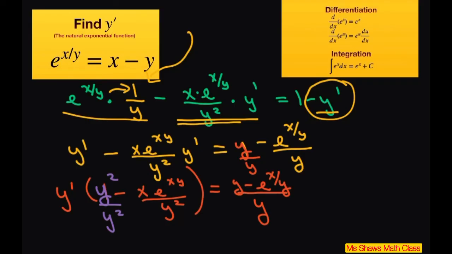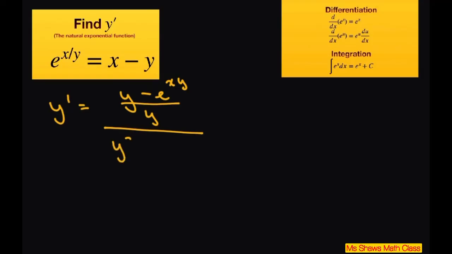Now we're just going to solve for y prime, so divide both sides by this quantity here. So basically what we're going to get is y prime equals y minus e raised to the x over y power divided by y, all divided by y squared minus x e to the x over y power divided by y squared.